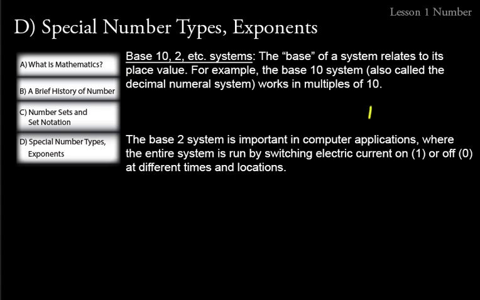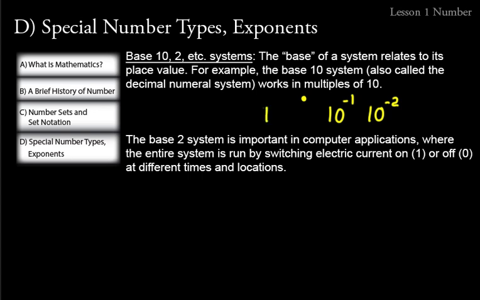So starting over here on the right, we could think of 10 to the minus 2. That'd be 1 over 100, right? It's 1 over 10 squared. And then 10 to the minus 1. And then there'd be a decimal place right here, because 10 to the minus 1 is 1 over 10. It's the tenths place, right? And then we have the 10 to the 0. 10 to the 0 is 1, right?